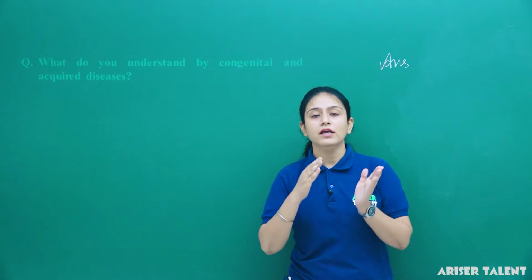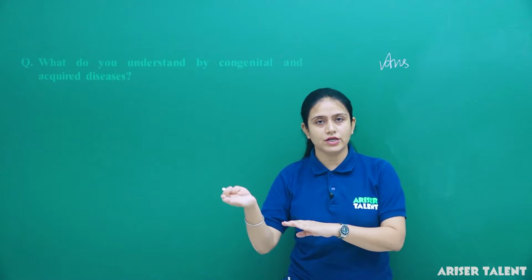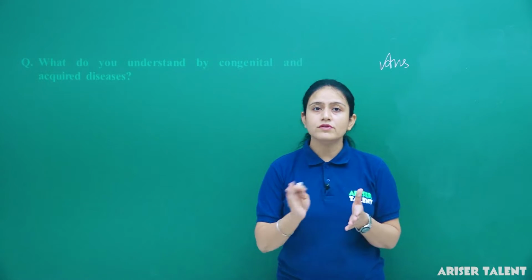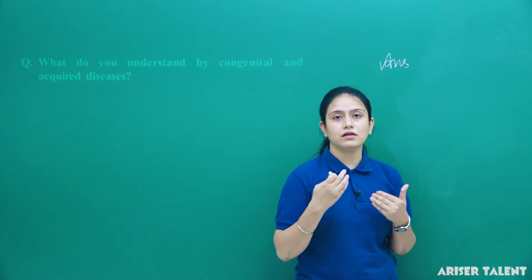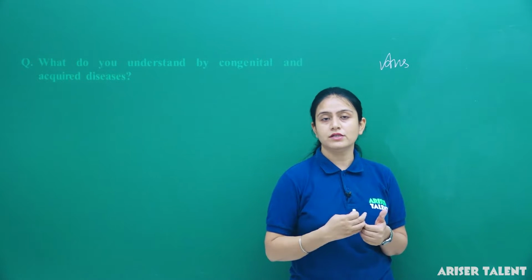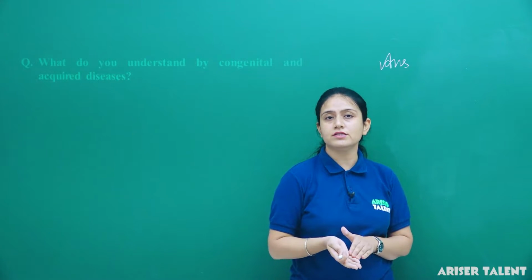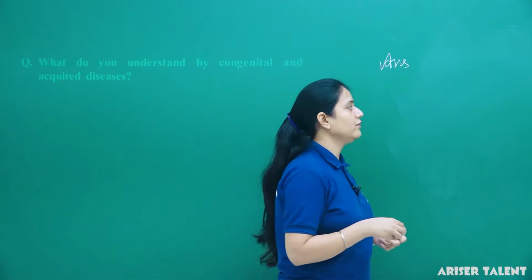They are inheritable, means they go from generation to generation. Acquired diseases are not present at birth; they are got from the environment after birth. They are not caused by genetic disorder and they are not inheritable. Clear? So here we go with the answer.